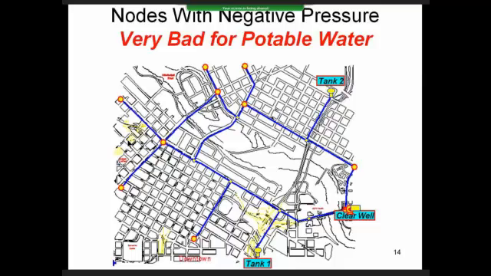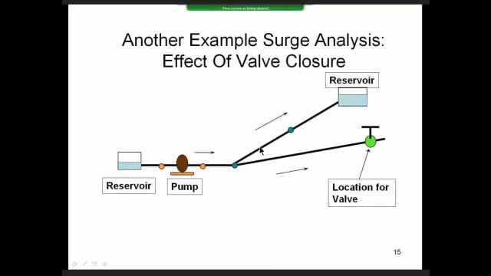So you really should never allow pressures to drop below maybe 20 psi positive in a drinking water system. We'll talk a little bit more about this, but this poses a serious risk problem. It's been studied by EPA and by the American Water Works Association, and it's clearly a problem that is of concern.